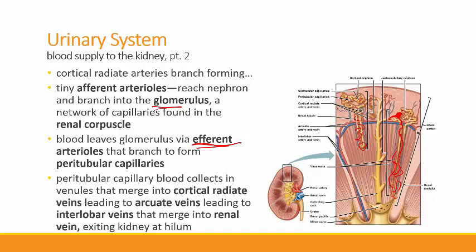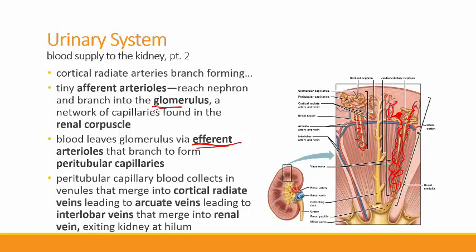And so on the far side of this peritubular capillary network, the vessels merge again to form the cortical radiate veins. So imagine that this blue is now finding its way back up and merging into one of these cortical radiate veins, and then the cortical radiate veins are bringing their blood down to this blue arcuate vein.